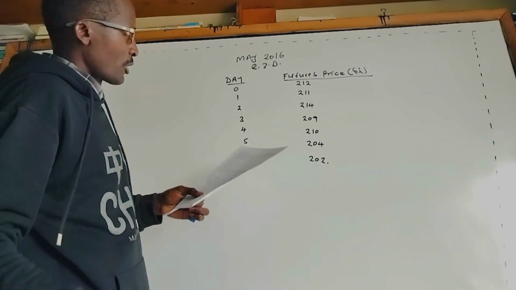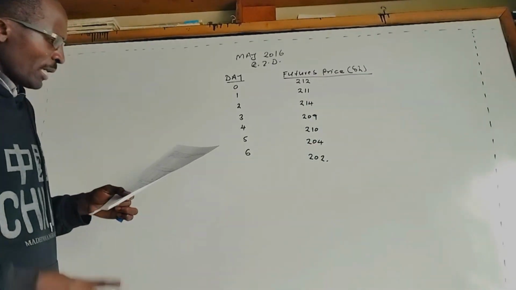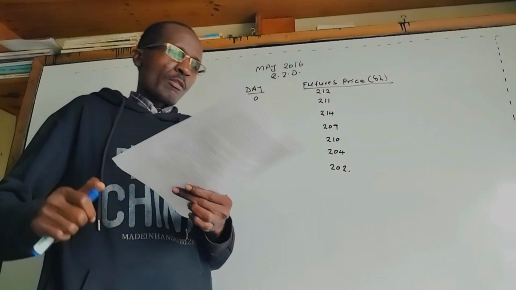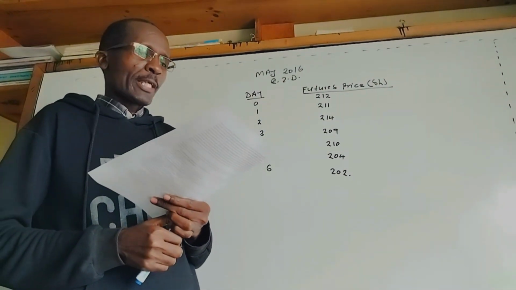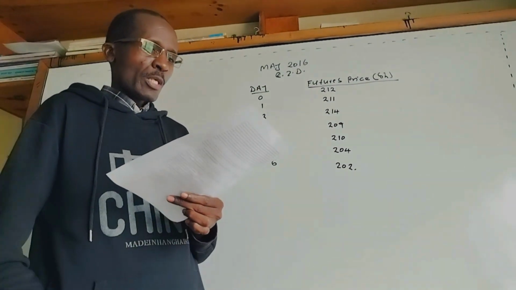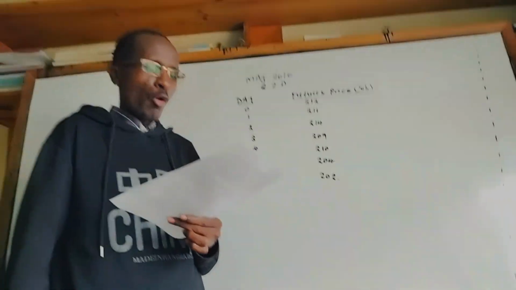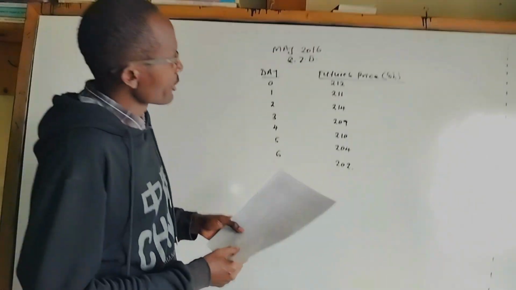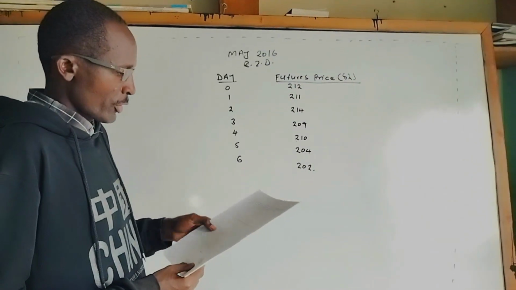Now these are the futures prices. Required: the investor's total gain or loss by the end of day 6. That is what you are required to find.